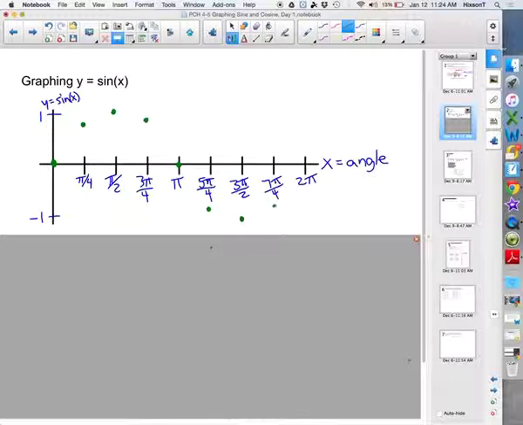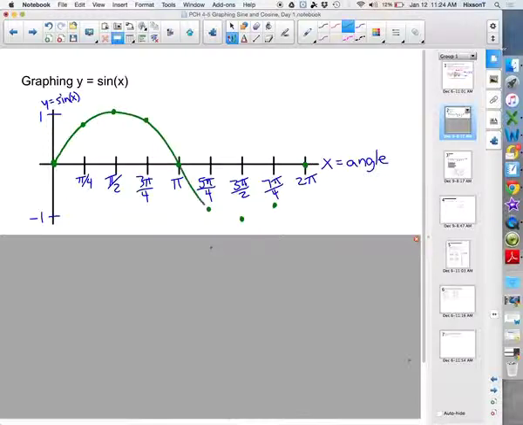Negative √2/2. And how about the sine of 2 pi? 0. And you guys already know because of the unit circle that we're going to start repeating our values again. So we just went through one period of the sine curve.